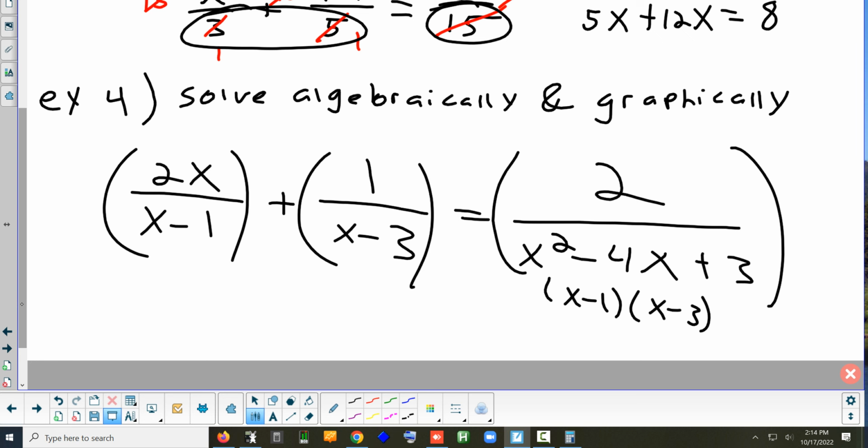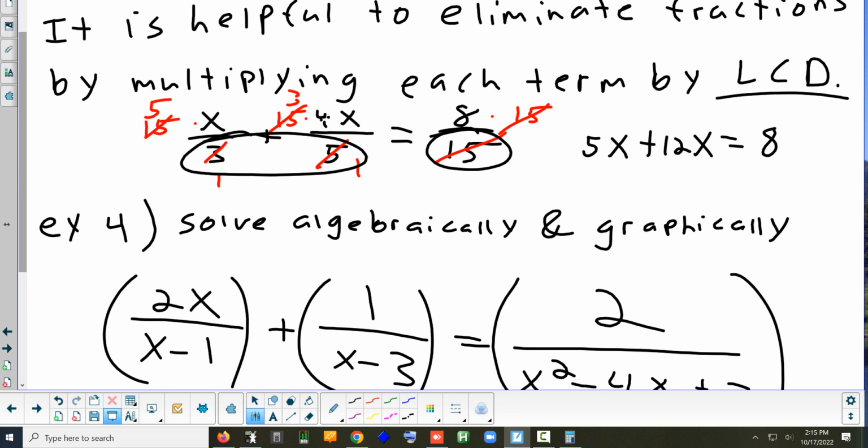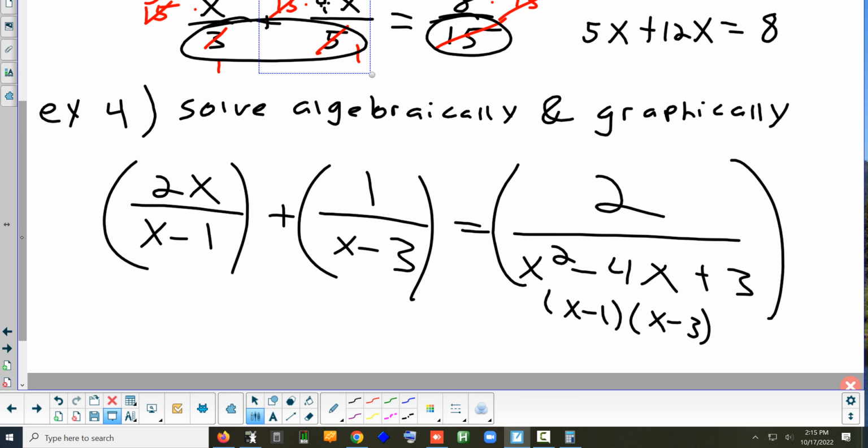And can you tell me what you just said? If you say it factored, what is it? X minus 1 times x minus 3. Perfect. We're going to multiply everything here by the product of the two denominators that were right there. Just like we did up above. We multiplied everything by the product of 3 and 5. Let's multiply everything by the product of x minus 1, x minus 3.